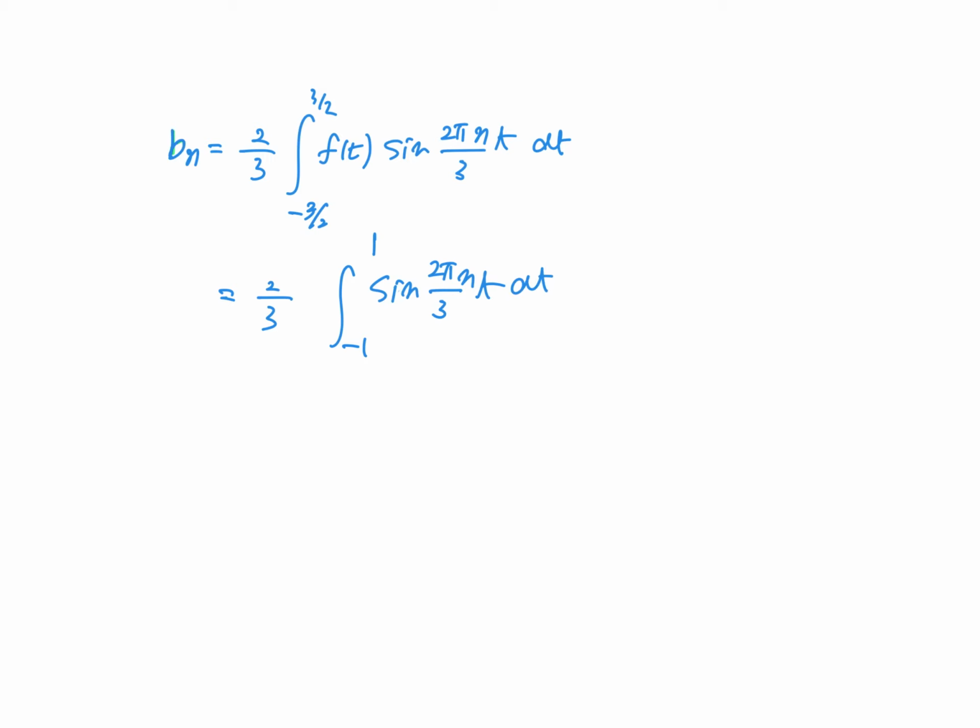What do you have when you integrate the sine? Minus cosine. Unfortunately, cosine of minus is the same as cosine, so this term just goes to 0.